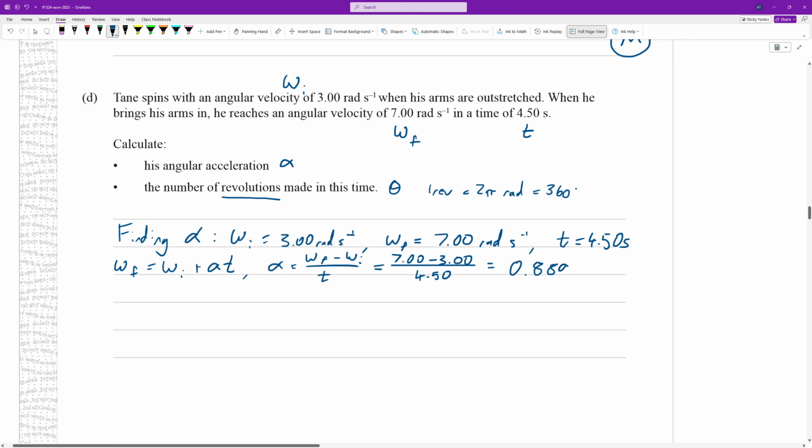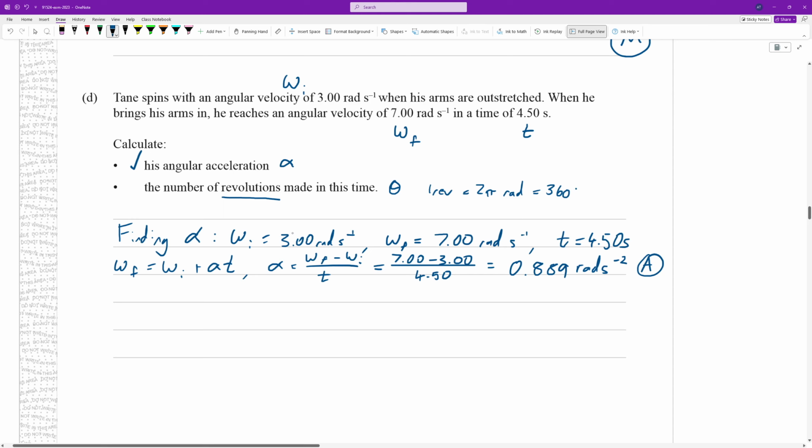Right, to 3SF, as each of the parameters are. And what are the units? Acceleration, so it's radians per second squared. And that is the achieved part.